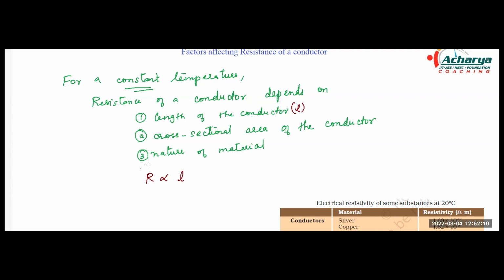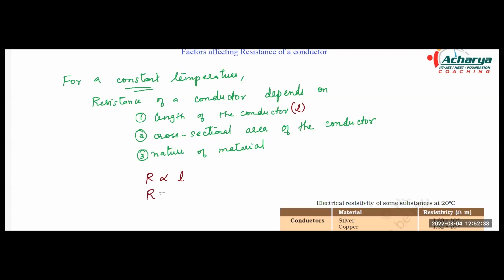Let's denote the length of a conductor by L. Resistance varies directly with the length of the conductor. That means if there is a long conductor, it will have more resistance, when all others are constant, when compared to a short conductor. So R is directly proportional to L.